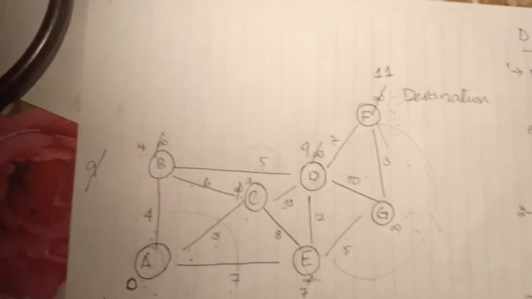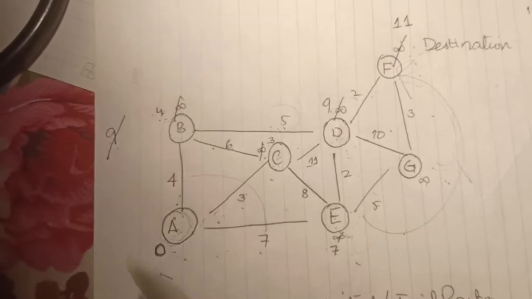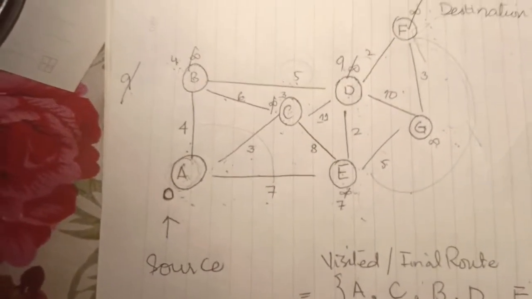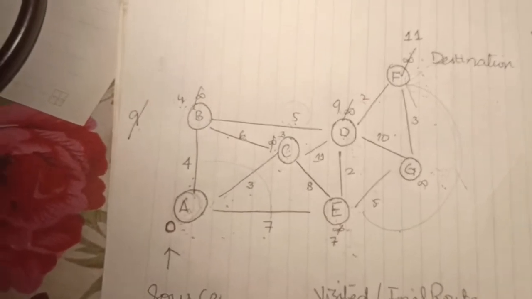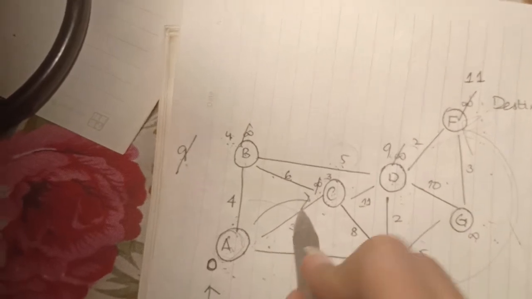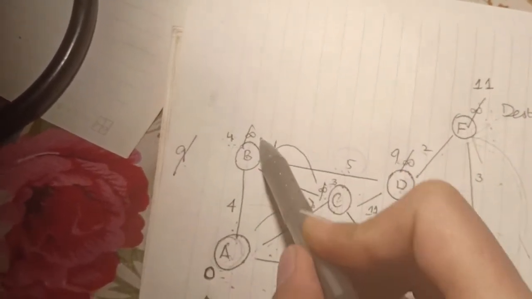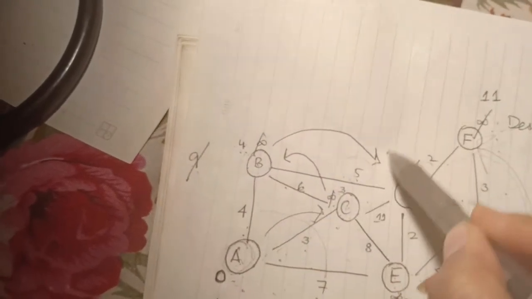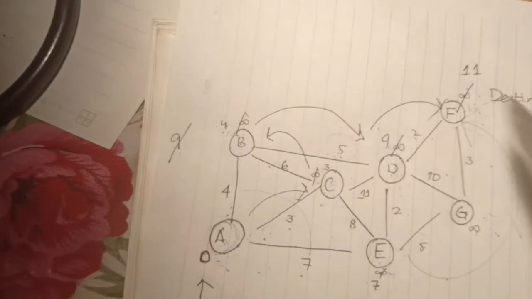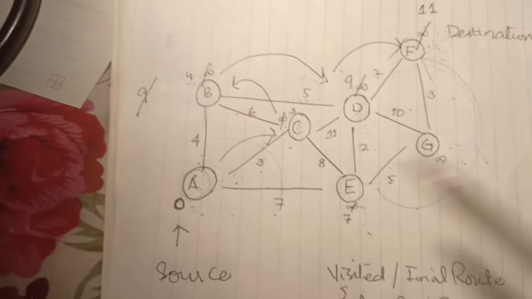You need to go from one source to another destination, and for this you need a better fare and quick time. So first you go A to C, then C to B, then B to D, and D to F. This route will be the smallest and most accurate path.